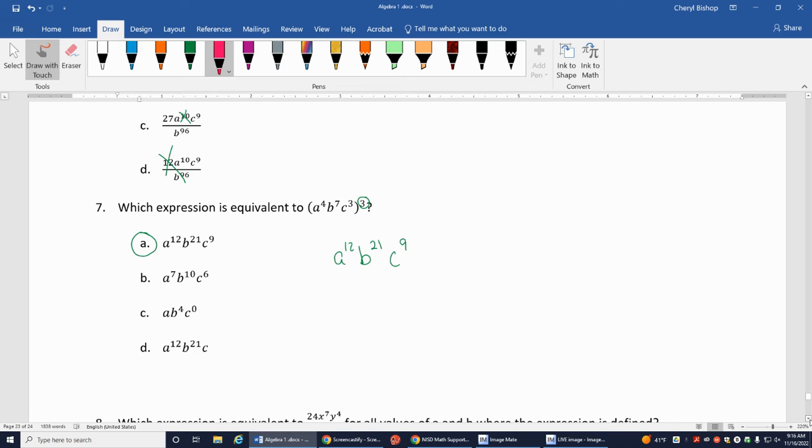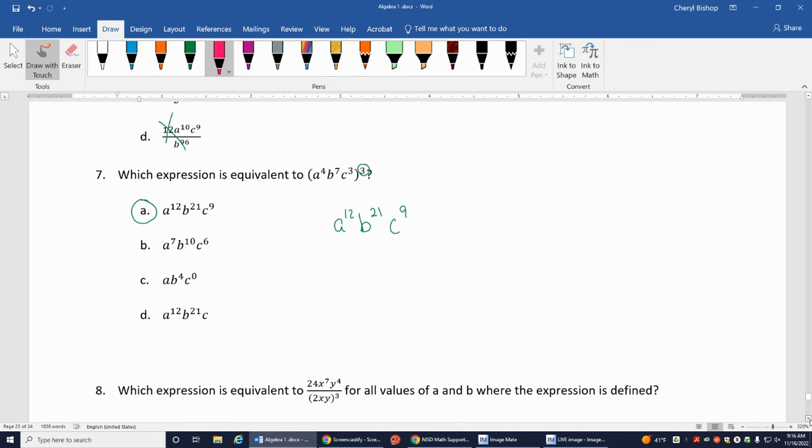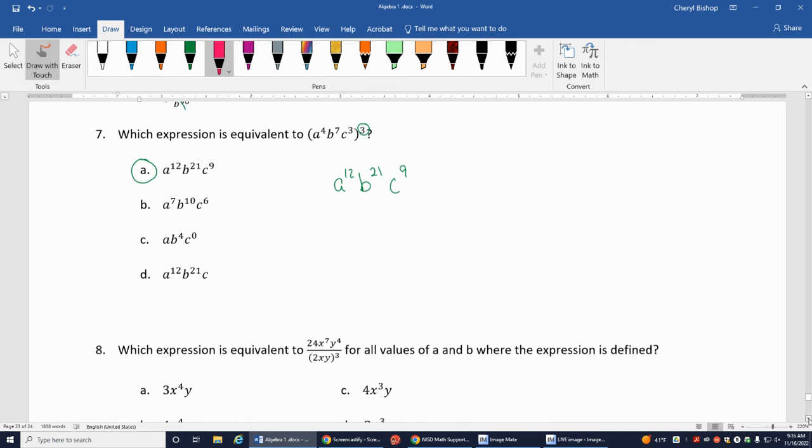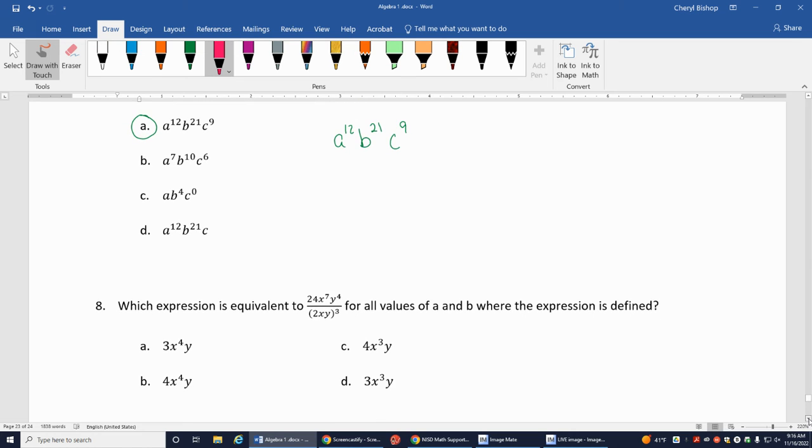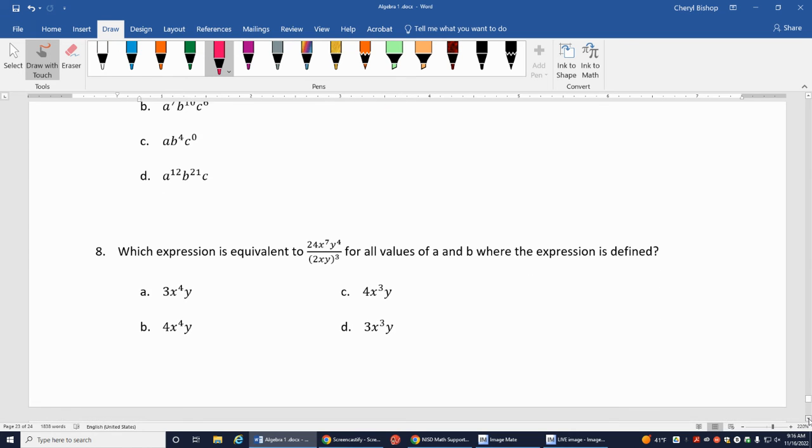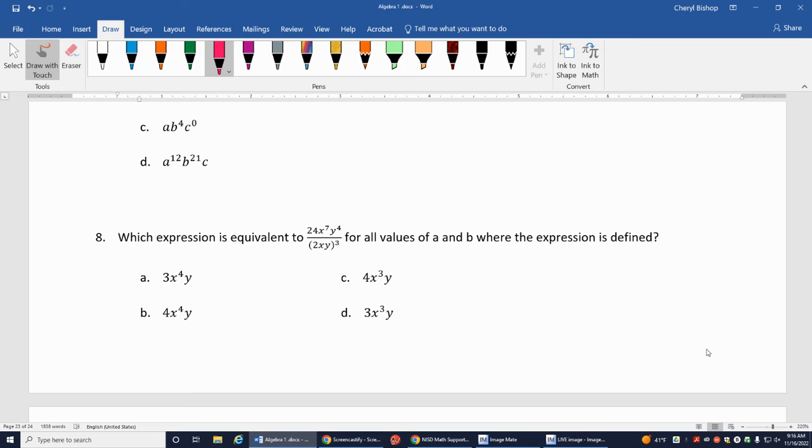Okay. Number 8. All right, on number 8, which expression is equivalent to? So again, I'm going to deal with that denominator first. So I'm going to do 24x to the 7th, y to the 4th, over 2, 3 times.